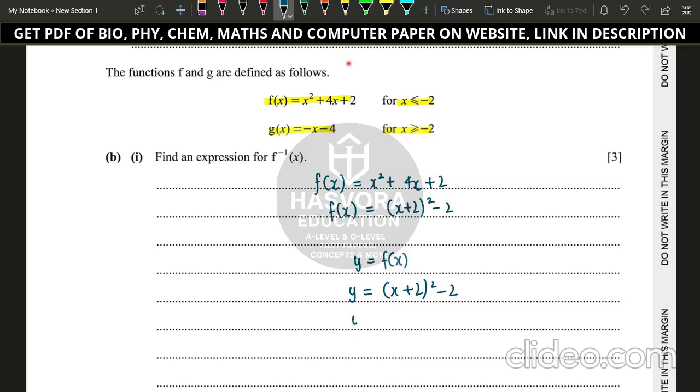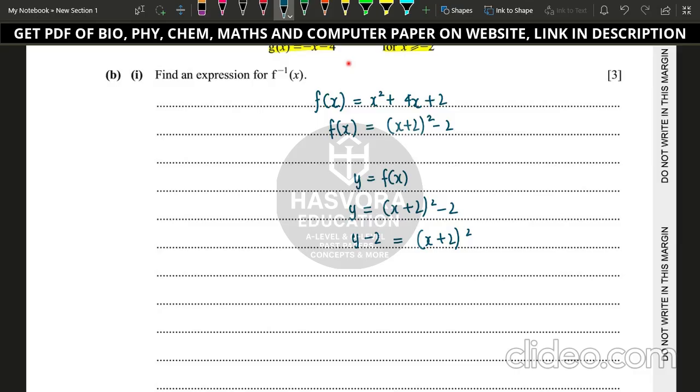This will become y minus 2 is equal to (x plus 2) whole squared, and now we can take the square root of this, so it becomes root of y minus 2, because you have to make x the subject. So x plus 2 is the root of y minus 2, and x will be equal to the root of y minus 2 minus 2.